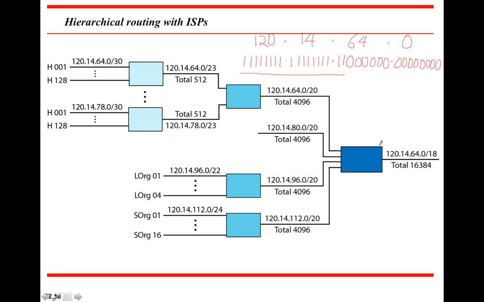We are taking an example, and we are saying that we have the head office that has been given this IP address to use for some parts of its customer base. So what Mobily does now, the head office is going to divide this big address into 4 sections.